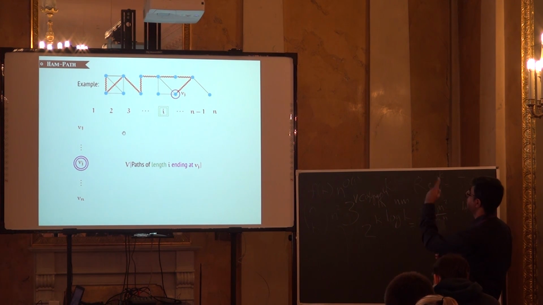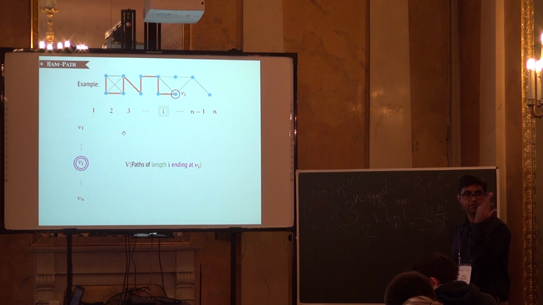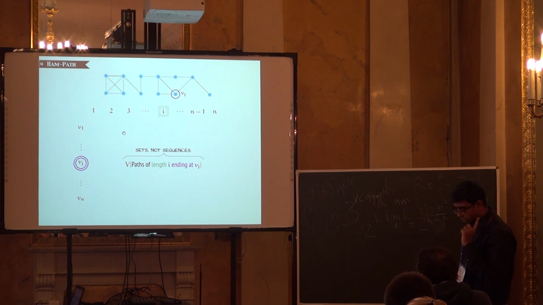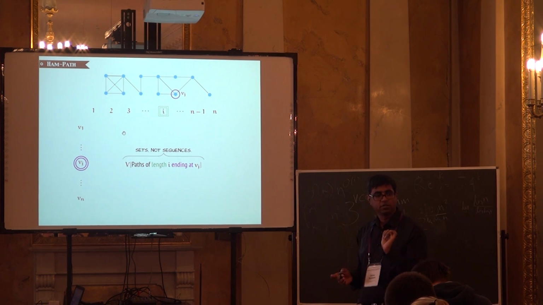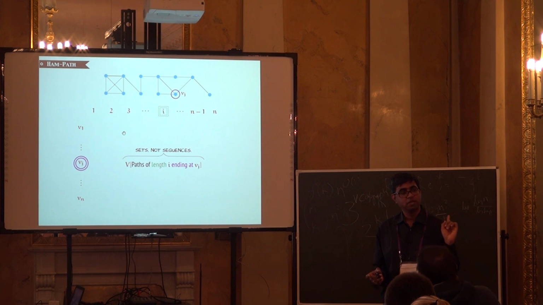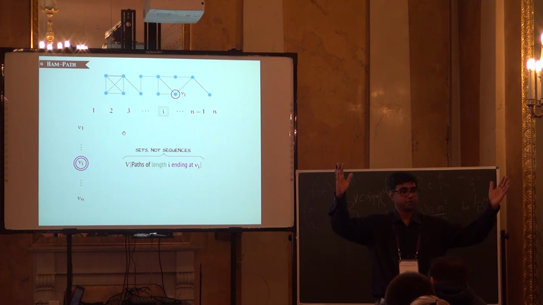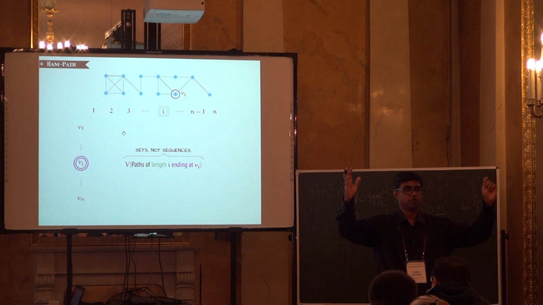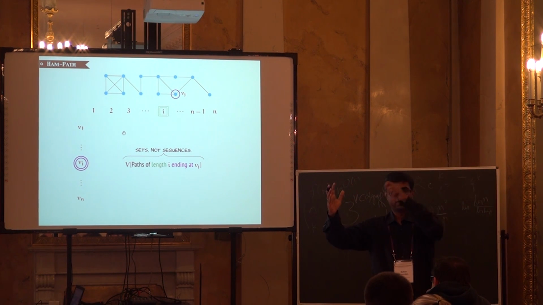For example, this is a path of some particular length which ends at Vj, so we'll store that. There's some other path, I'll try to store that. But what we'll try to store is sets, not sequences. What I mean by this is, maybe you can have the same set of vertices but a different path, because you moved 1, 3, 5, 7 or 1, 5, 3, 7, right?